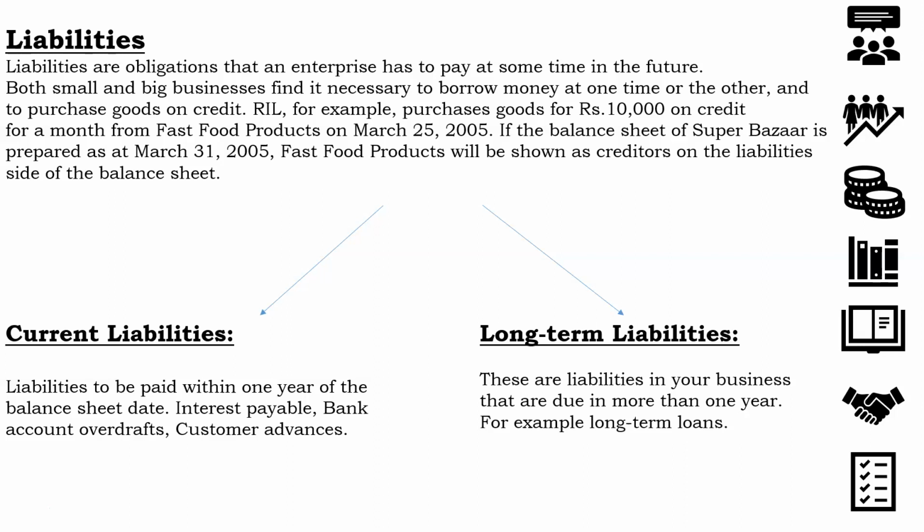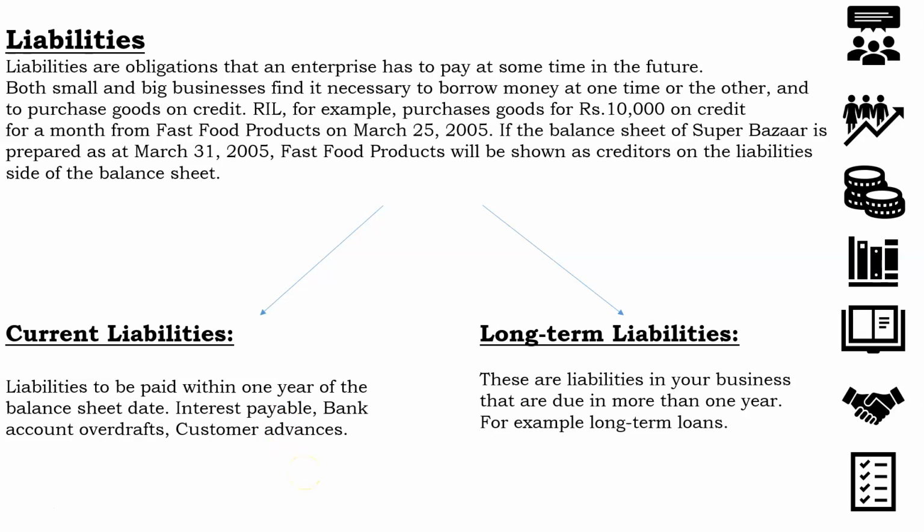The fast food products will be shown as creditor on the left side of the balance sheet. And again, there are two types of liabilities: current and non-current. So liabilities to be paid within 1 year of the balance sheet date, that is, if we have purchased some goods on credit and if they are repayable during 1 year itself, then we can say that they are current liabilities.